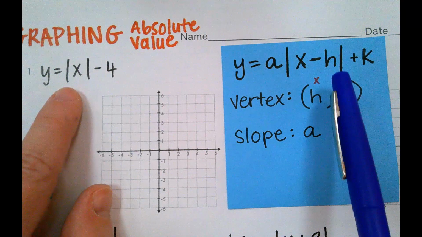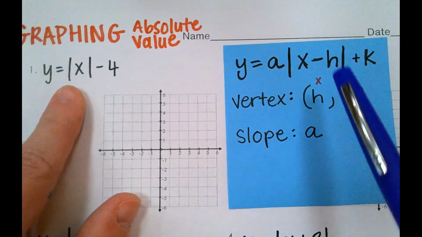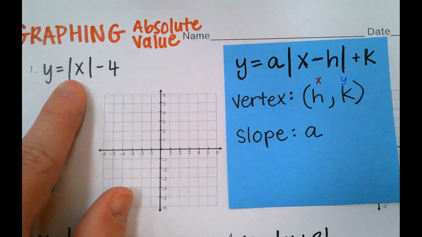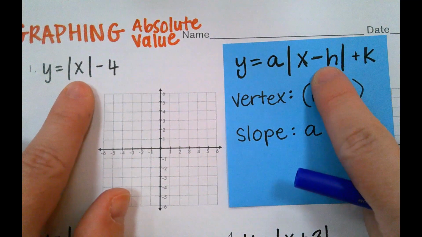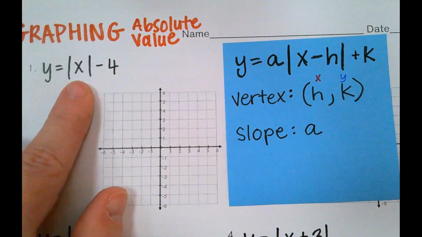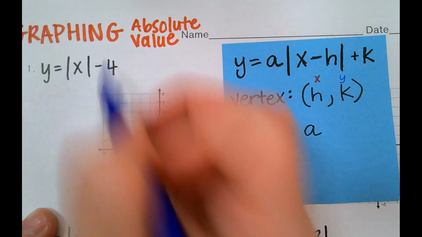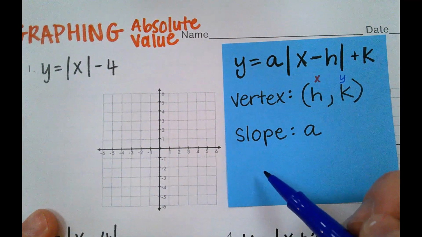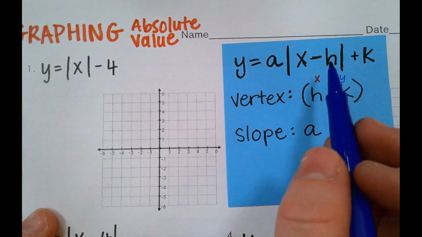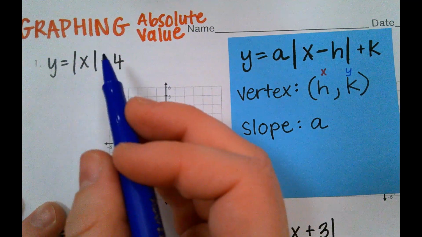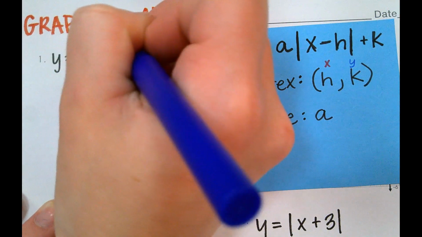It's going to be 0, because if I have x minus 1, then h is going to be 1. If I have x and then nothing else, h is 0. So let's write this. h is 0.